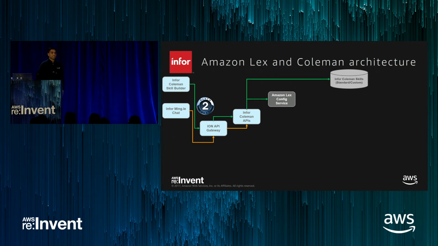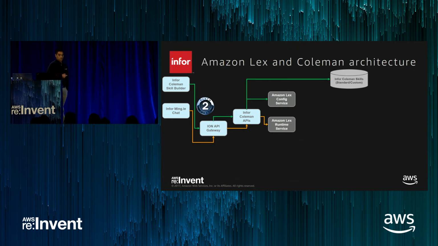Each end user will be using their enterprise identity provider to authenticate, and then using OAuth, we convert the SAML token to OAuth and use that to interact with the gateway. From the gateway, it uses the Coleman APIs, but in this case, a runtime endpoint of the Coleman APIs.